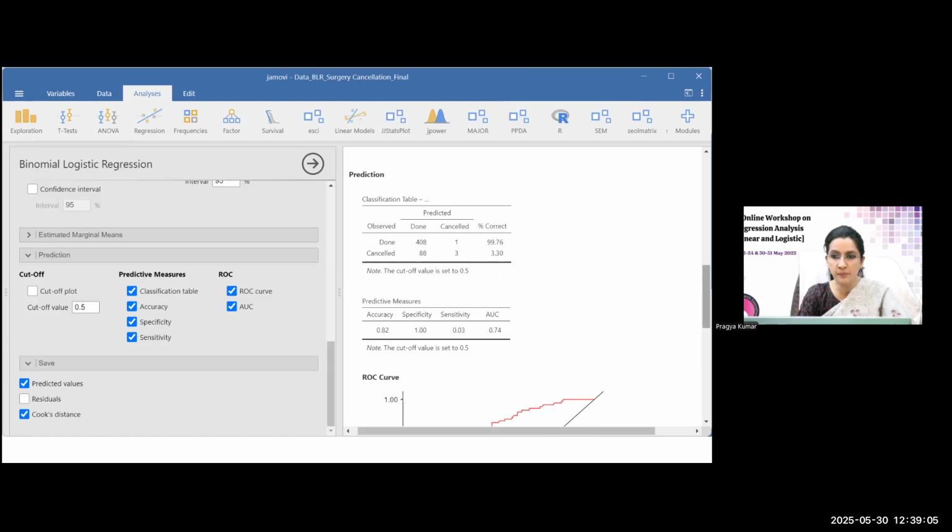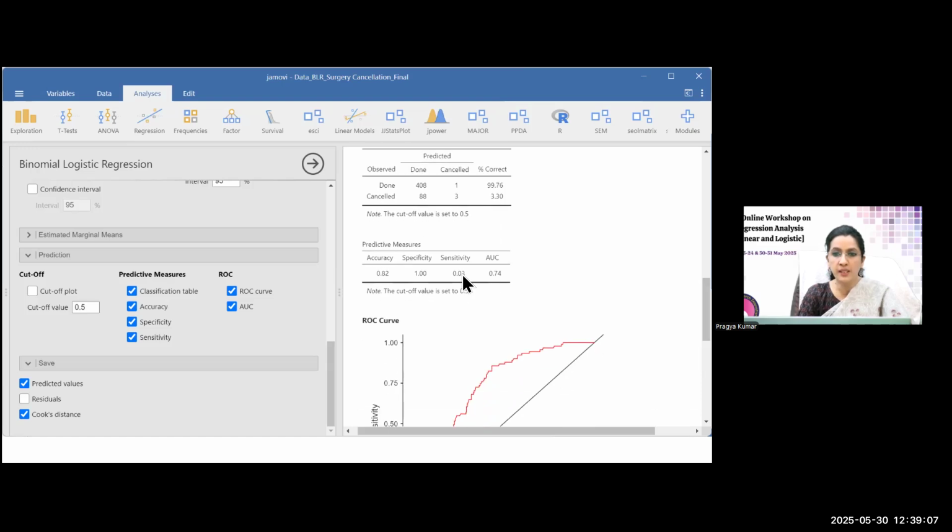So if you see the sensitivity, it is very less. But if you see the specificity, it is good. And the area under the curve is 0.74. That means it is acceptable because the minimum level of area under the curve should be 0.4. And the accuracy is 82%.